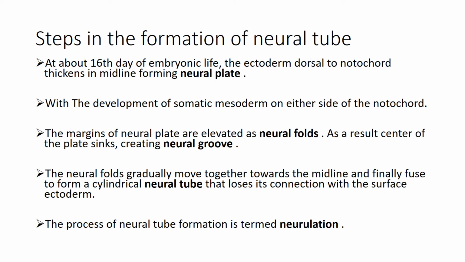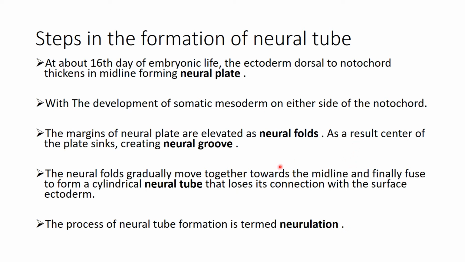The steps in the formation of the neural tube are at about the 16th day of intrauterine life. The ectoderm dorsal to the notochord thickens in the midline, forming the neural plate. With the development of the paraxial mesoderm on either side of the notochord, the margins of the neural plate are elevated as neural folds.